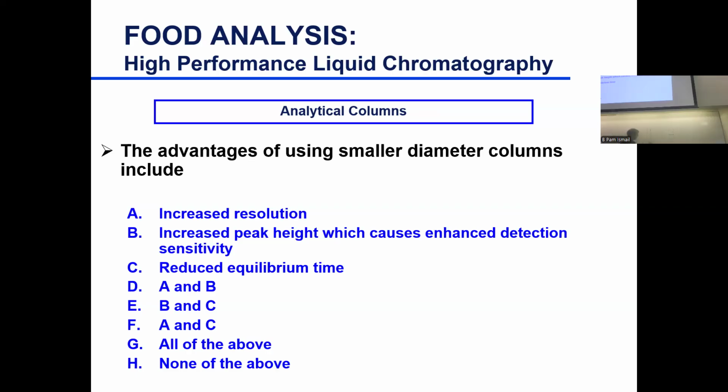So your sensitivity is way lower. It becomes close to noise if you have low concentration. So definitely higher height, enhanced detection because you have better sensitivity, a better threshold of detection. And yes, reduced equilibrium time, like we talked about: less stationary phase, you reach equilibrium faster.